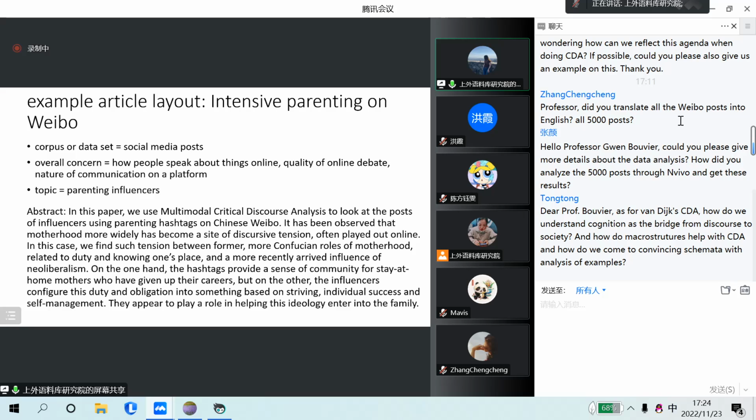It has been observed that motherhood more widely has become a site of discursive tension, so that's in the literature, often played out online. In this case, we find such tension between former, more Confucian roles of motherhood related to duty and knowing one's place, and the more recently arrived influences of neoliberalism.